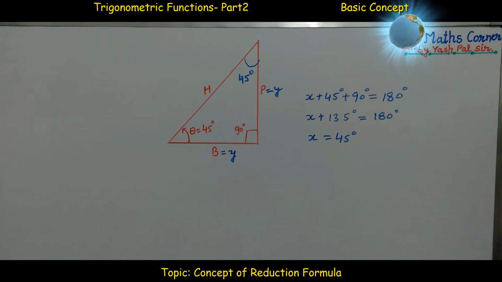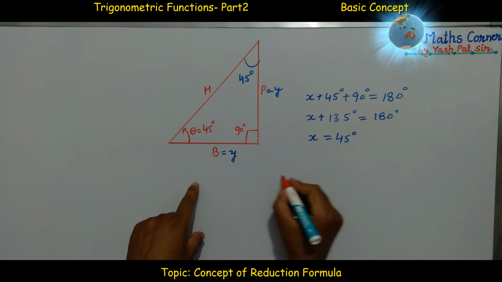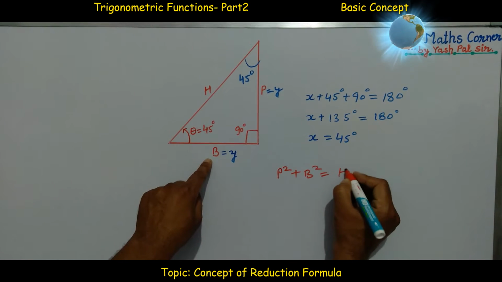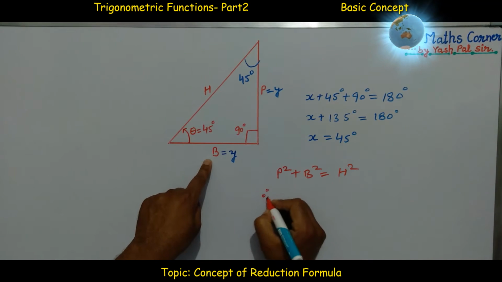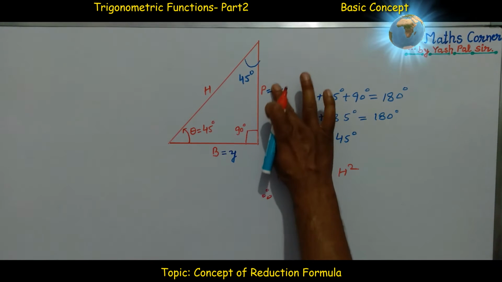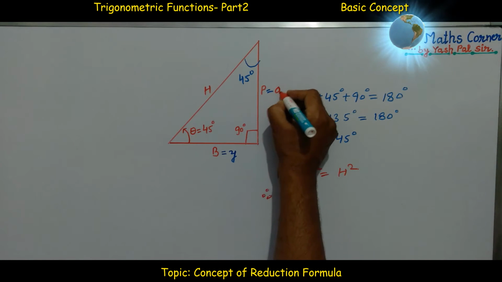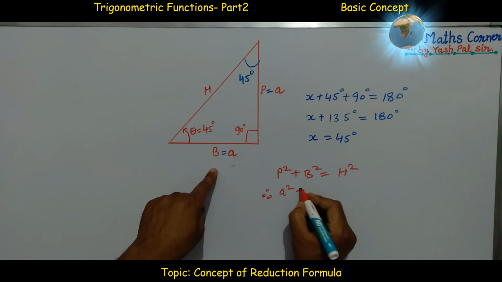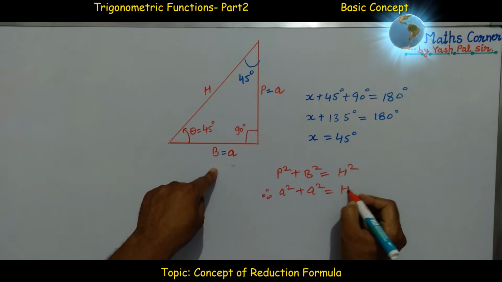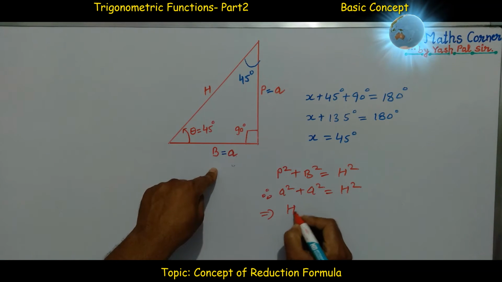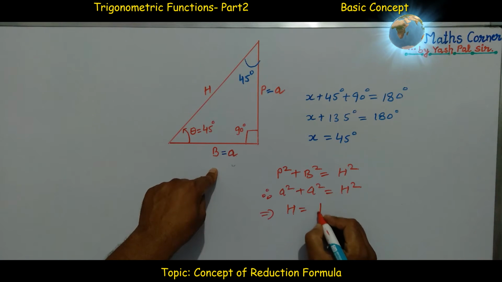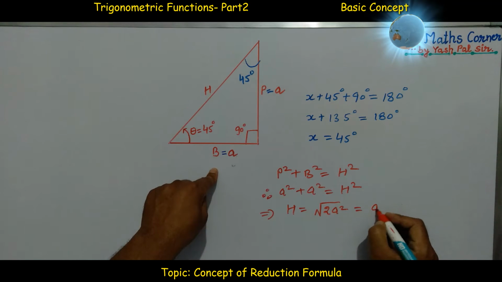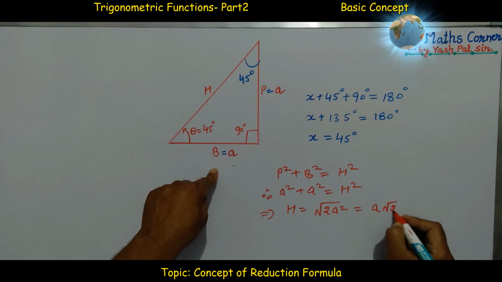Now Pythagoras theorem, what is that? We know that p square plus b square is equal to h square. So p square means y square. In place of y we can say the value is a. So a square plus a square is equal to h square. That means the value of h is square root of 2a square, that is equal to a square root of 2.